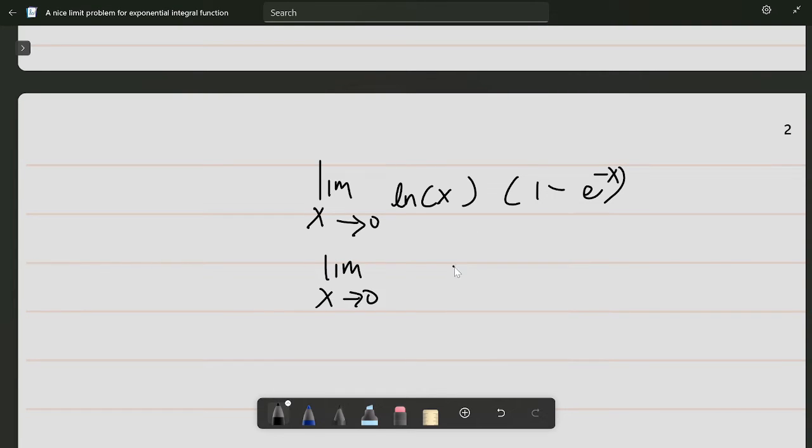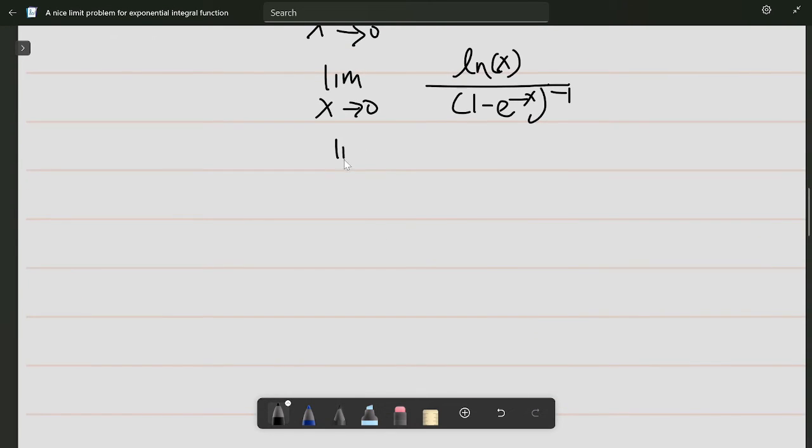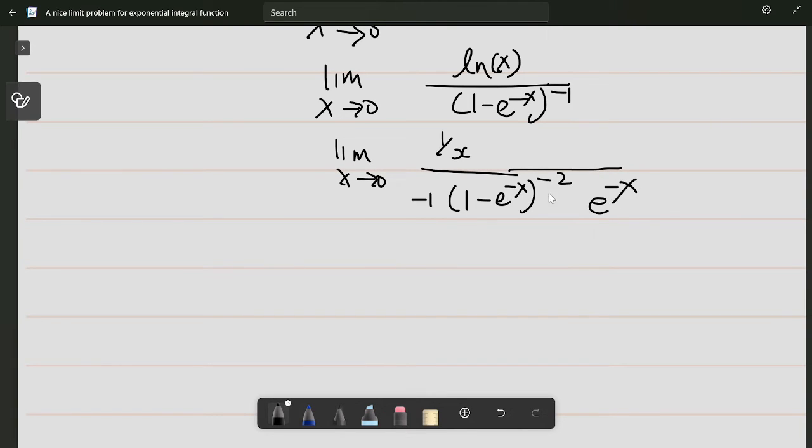Limit x tends to 0 of ln of x by 1 minus e to the power minus x to the power minus 1. Now if we differentiate both of them, we have limit x tends to 0 of 1 by x over minus 1 times 1 minus e to the power minus x to the power minus 2. If we differentiate this expression, we will just have e to the power minus x, and minus will be plus.